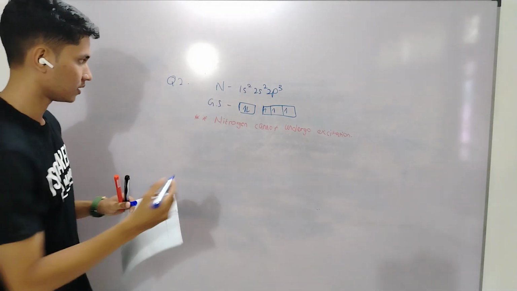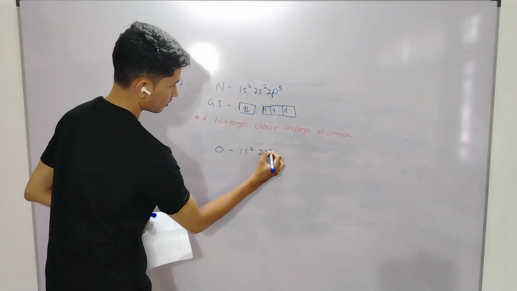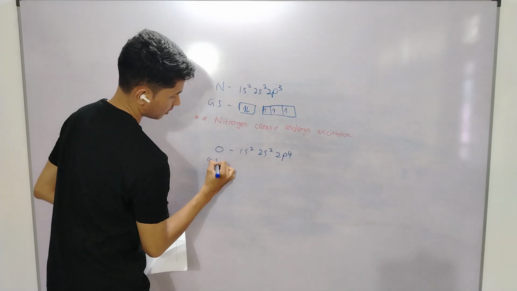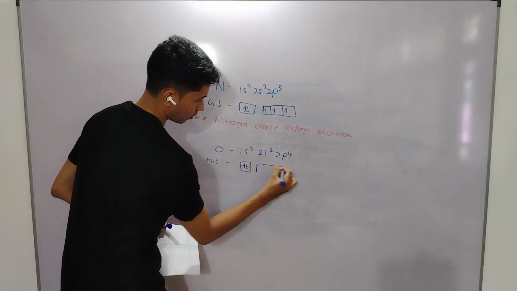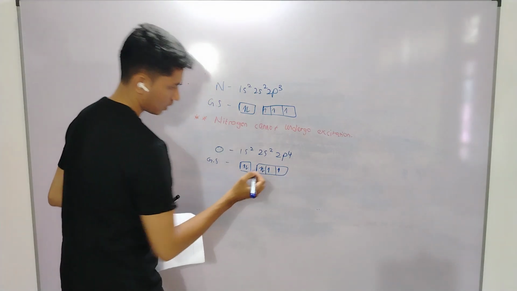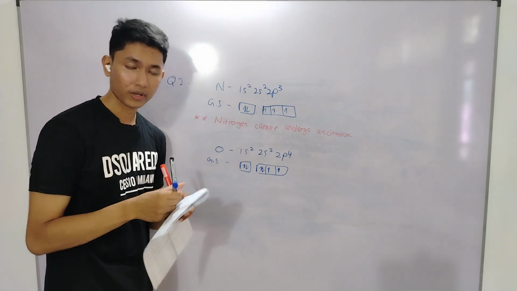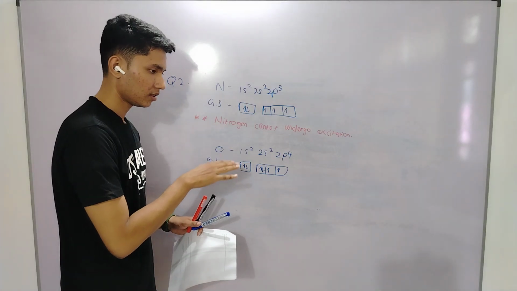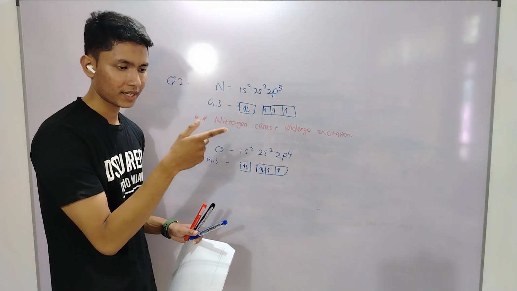Next question. Oxygen. 1s2, 2s2, 2p4. Ground state configuration 2s2, 2p4: 1, 2, 3, 4. Again, what are the requirements for excitation? An orbital that is completely filled, and an orbital that is not filled at the same energy level.